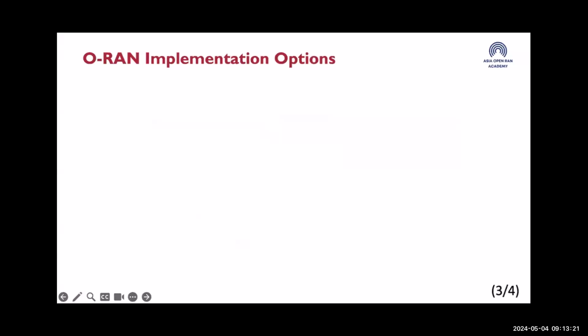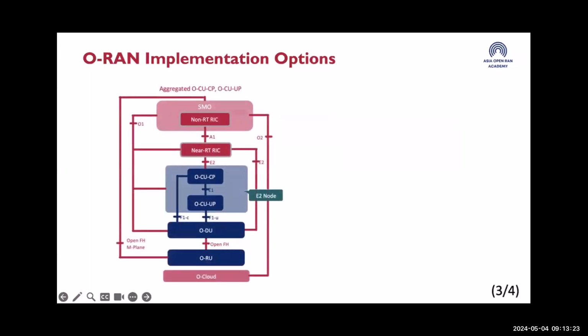So moving on to other implementation options, you have the aggregated CU. The CU and CP are in one box, and we call it the aggregated OCU-CP and OCU-UP.